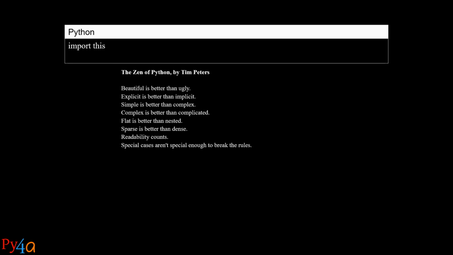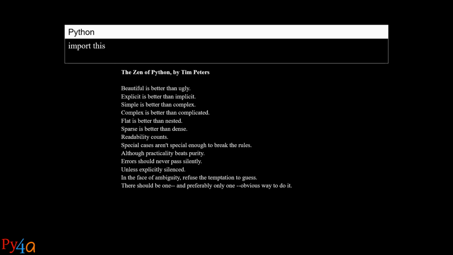Special cases aren't special enough to break the rules, although practicality beats purity. Errors should never pass silently unless explicitly silenced. In the face of ambiguity, refuse the temptation to guess.